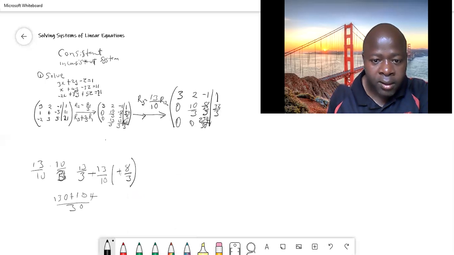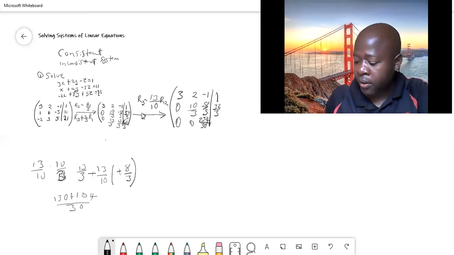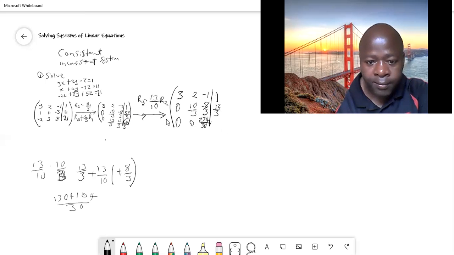And again, doing the same, 32 over 3 times 13 over 10 subtracted from 65 over 3 gives us 234 over 30.